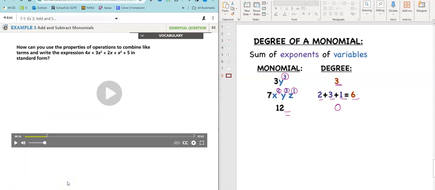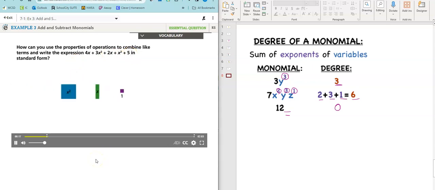All right, now one of the things that we can do with polynomials is to add and subtract them and combine like terms. So we're going to learn about adding and subtracting monomials. So right here we have a problem that says, how can you use the properties of operations to combine like terms and write the expression 4x plus 3x squared plus 2x plus x squared plus 5 in standard form?